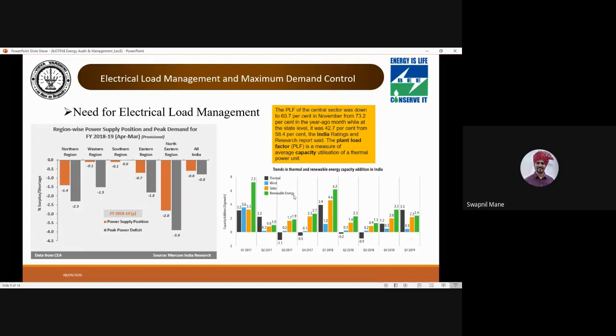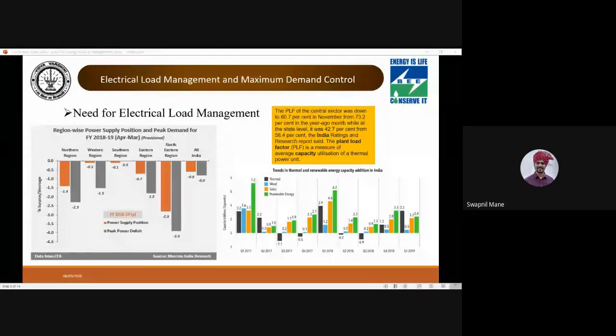What do you mean by plant load factor? Plant load factor is a measure of average capacity utilization of a plant. We have taken here a thermal power plant explanation. So you see the plant load factor of the central sector was down to 60% in November. Is 60% good or 42% good?